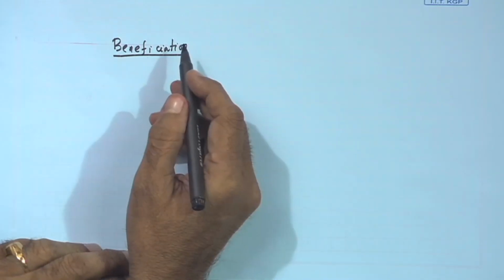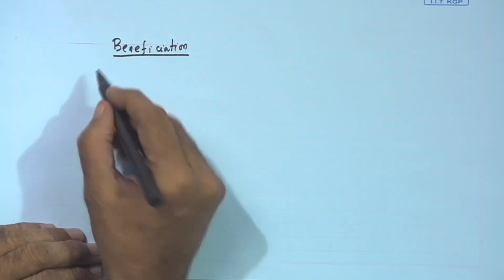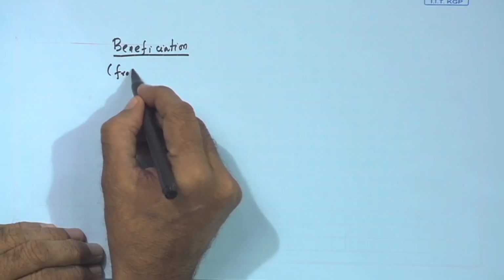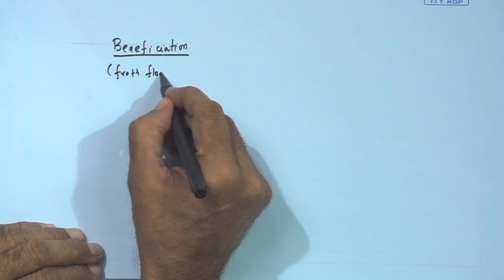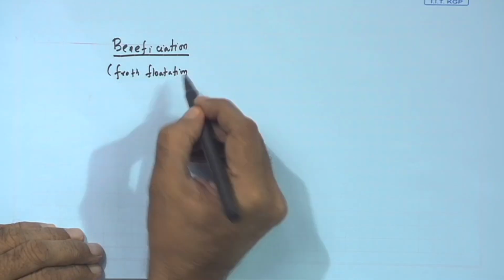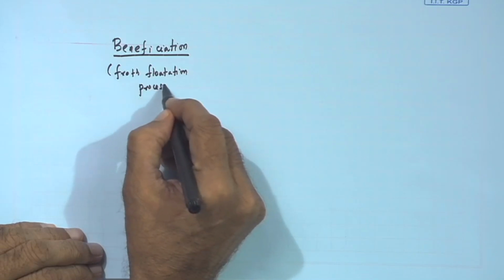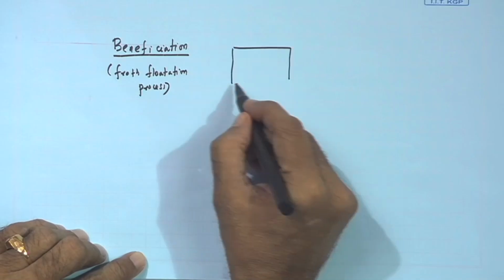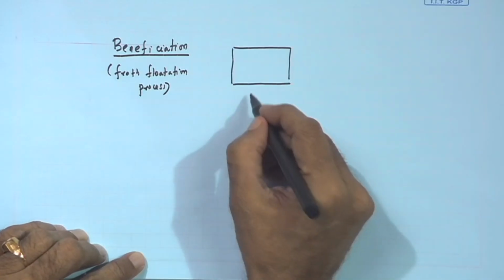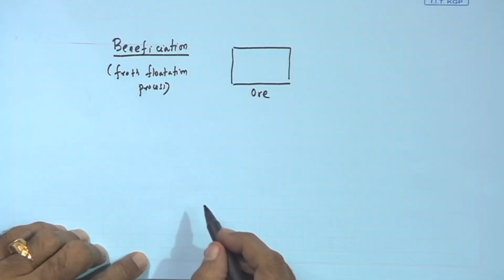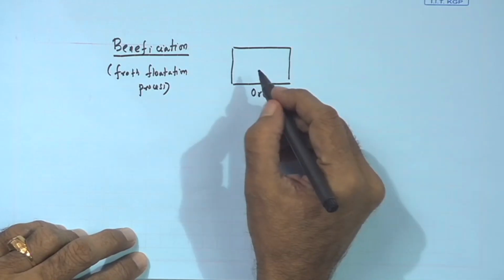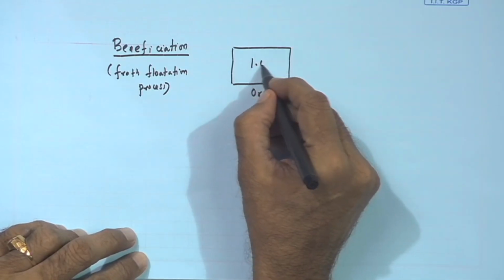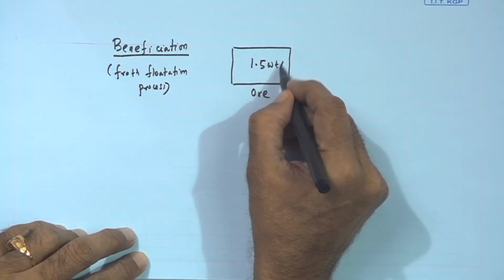One of the processes of beneficiation which you all would have studied is the froth flotation process. In this froth flotation process, suppose I have an ore of a metal, say copper, where the percentage is 1.5 weight percent.